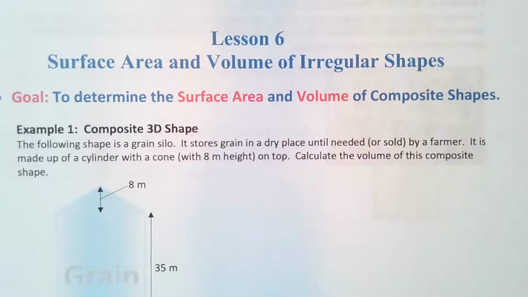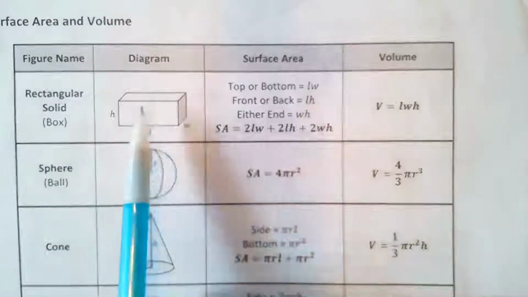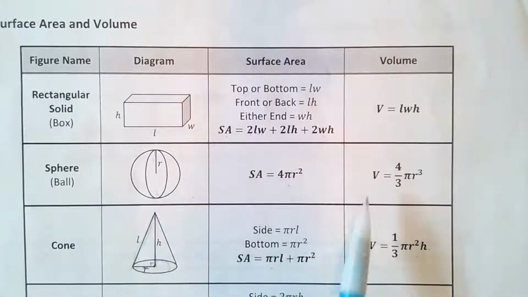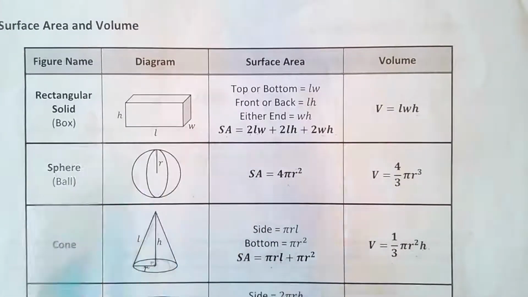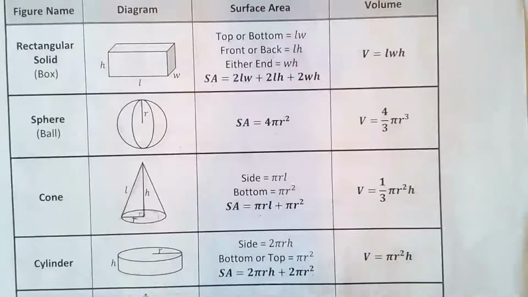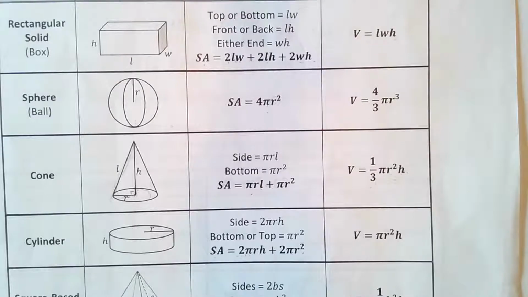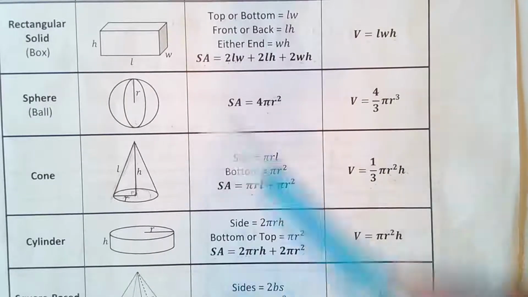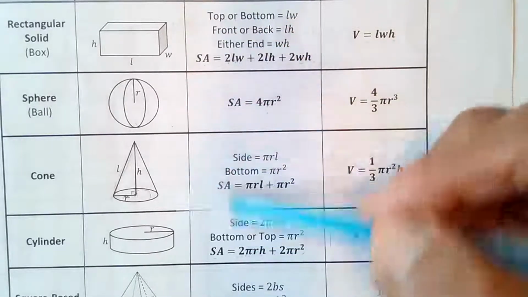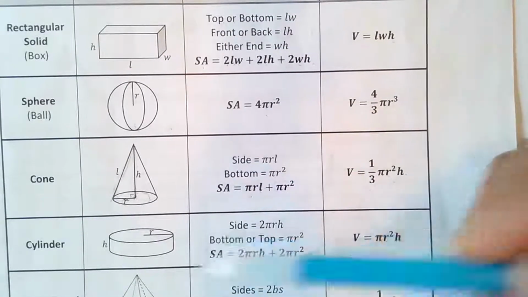So those are the various ones. And if you look back to our formula sheet here, we look at these separately. We find the surface area of a rectangular solid, of a sphere, a cone, cylinder, pyramid, or a triangular prism. Composite means we're combining two or more of these different kinds of shapes or 3D objects.